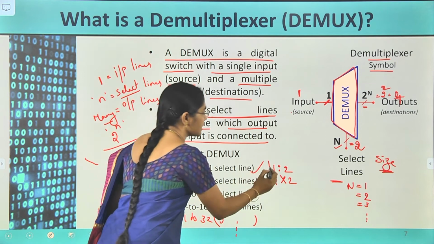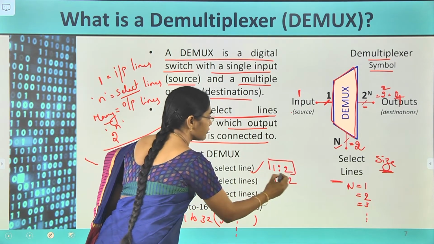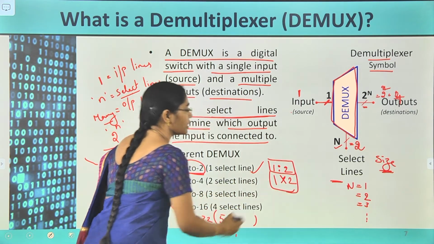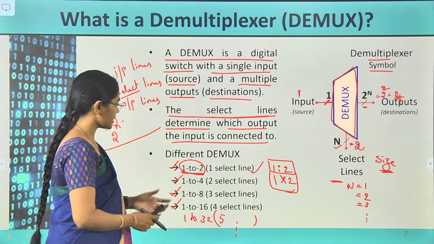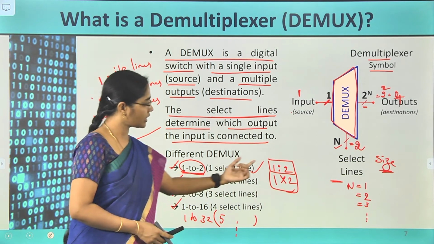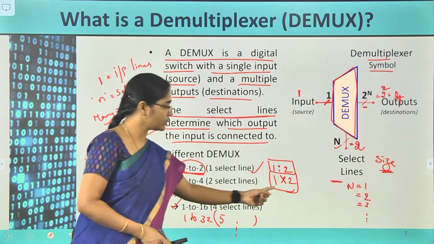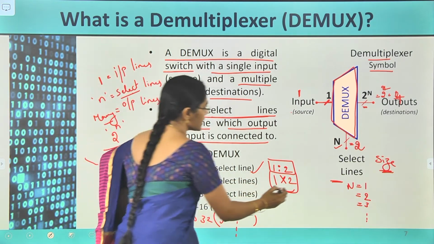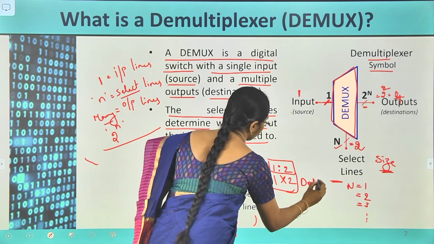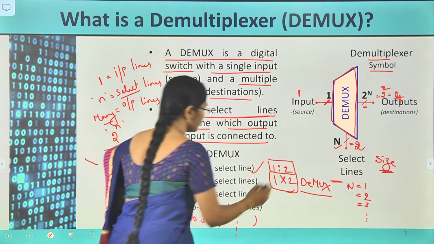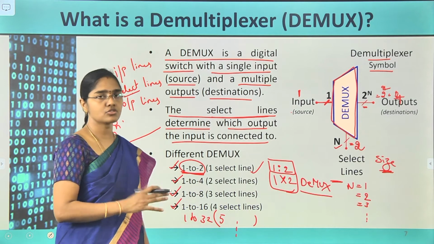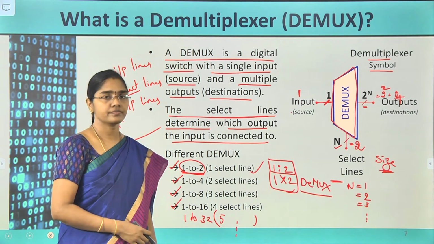All these representations are followed by different textbooks. So, you can use any representation, that is 1 to 2 writing, or 1 is to 2 writing, or 1 x 2 or 1 into 2 writing.